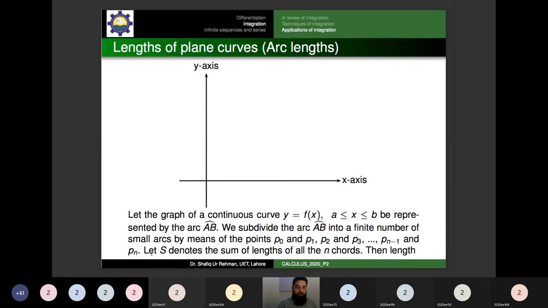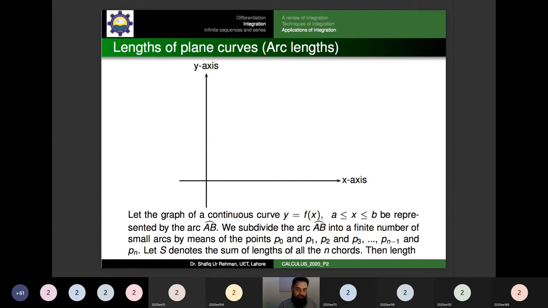And then we will describe the sum of lengths of all the n chords corresponding to each subarc, each subcurve. There will be a chord, and we will look into the length of one chord.